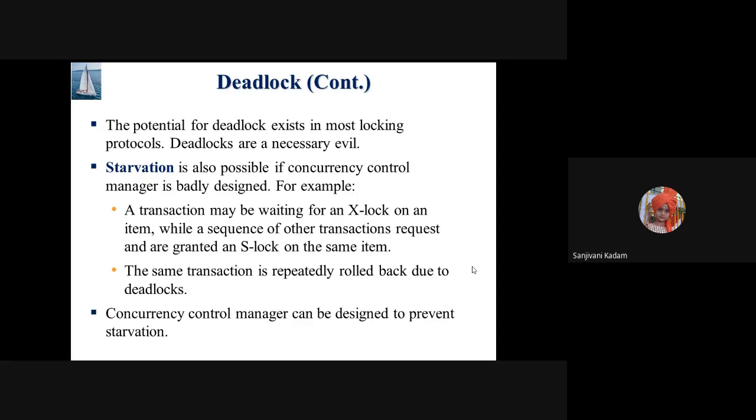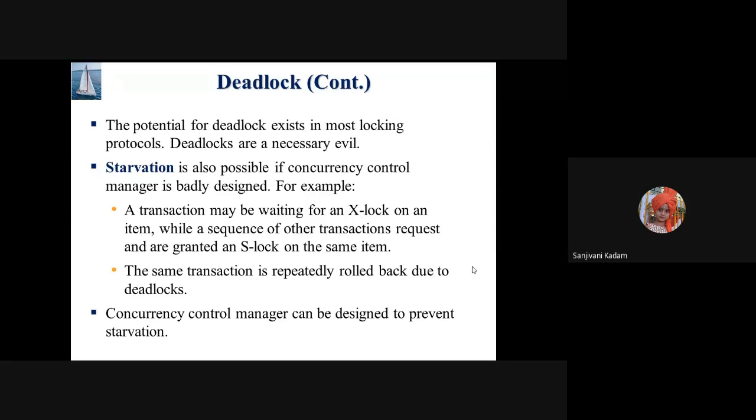So T2 has already released the data item, but as a shared lock is held by T3, the concurrency control manager will not release the lock for T1. After T3, T4 is willing to take a shared lock on A, and again that request will be granted, and so on.